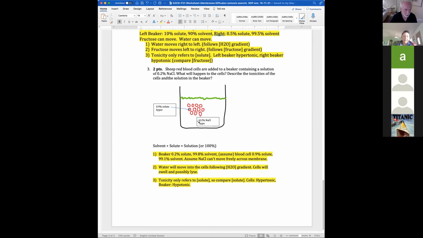So which way is water going to move? It's going to move from the beaker into the cells, and that will cause them to swell. And probably with these concentrations, they'd burst. Then if we talk about tonicity, it refers only to solute. So which solute is in a higher concentration?